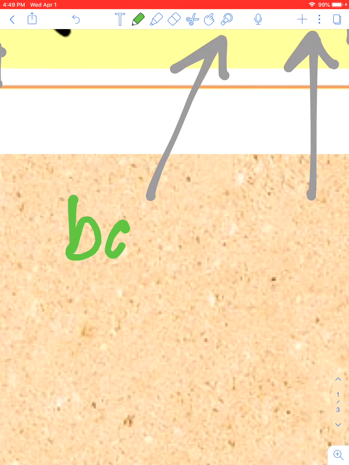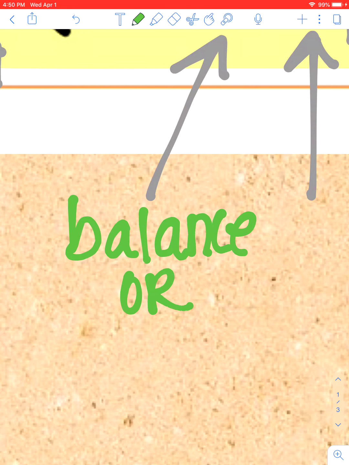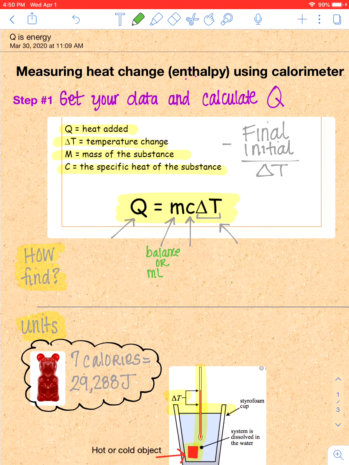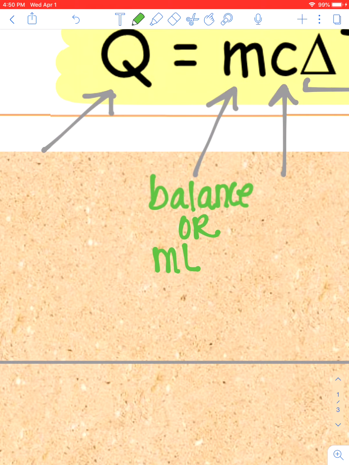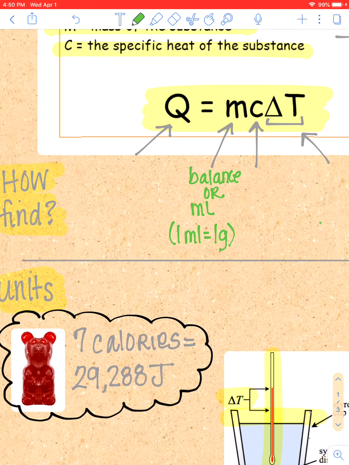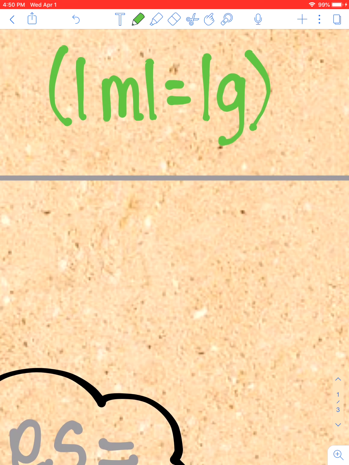We can weigh it on a balance, or if we know how many milliliters we have of the water, then that can tell us also how many grams, because you might recall that 1 mL equals 1 gram. So you either know the milliliters or you weigh it on a balance, and as you're starting to figure out, the units are going to be in grams.